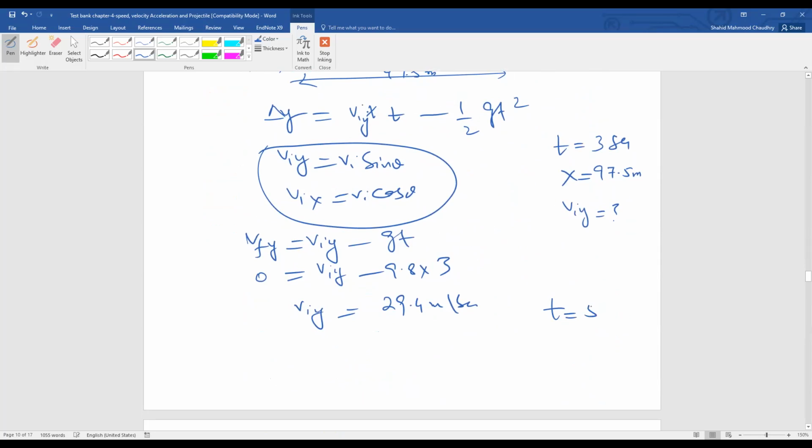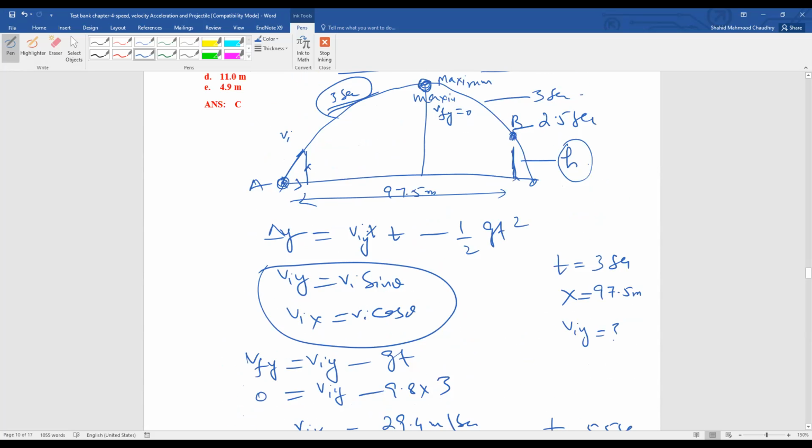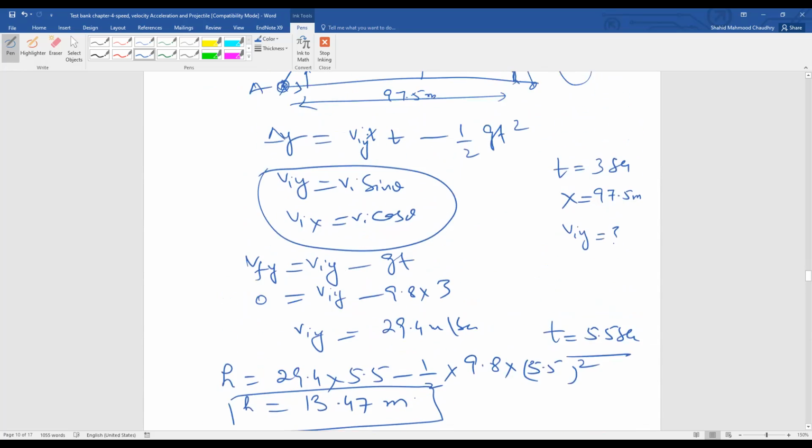Applying the same formula to find h or y: vi y is 29.4, the total time is 5.5, minus 1/2 times g, 9.8, times t squared, 5.5 squared. When you solve this, the answer will be 13.47 meters. This is the height we wanted to find. In this way you can solve it.